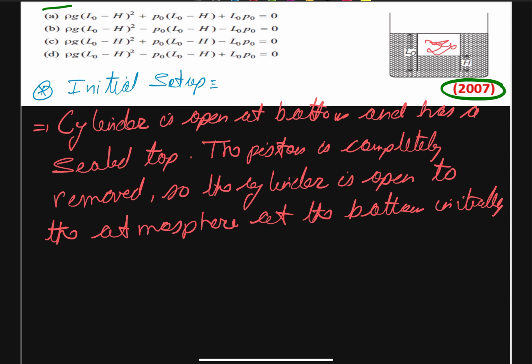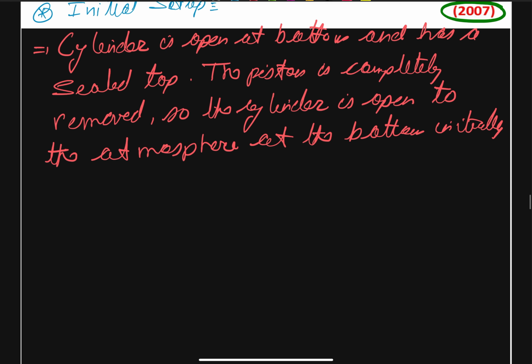Okay. Now we place a water tank. So we can say water tank placement. And this water tank placement states that it is positioned such that the water surface of the tank is at the same level as the top of the cylinder. Okay.